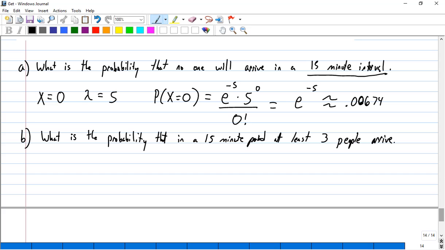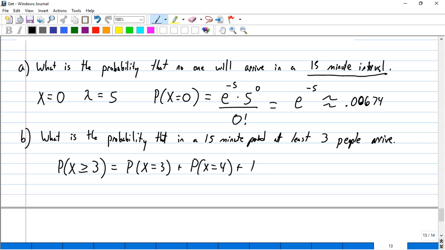But at least 3 would mean the probability that x is greater than or equal to 3. So that could mean the probability that x equals 3 plus the probability that x equals 4 plus the probability that x equals 5. Do you see where this is going and not going to work? Because that would just go on and on forever. But we can't work a problem to go on and on forever.